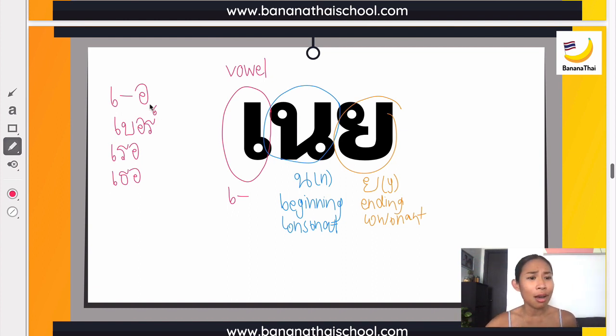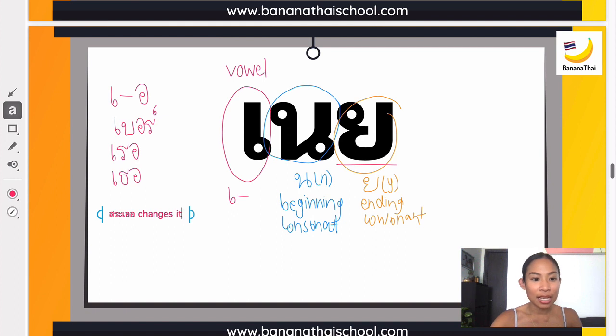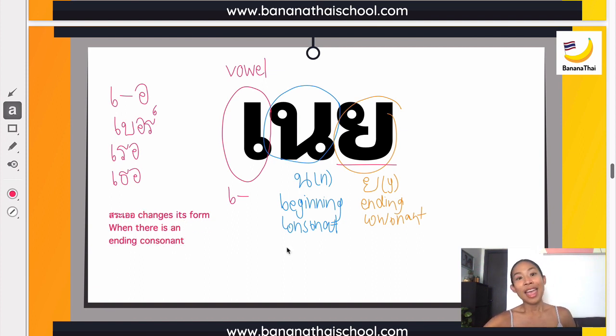So this is sara ə, but the thing is, this sara ə changes its form once there is an ending consonant. In this case, ยอยักษ์ is the ending consonant, so the sara changes form.